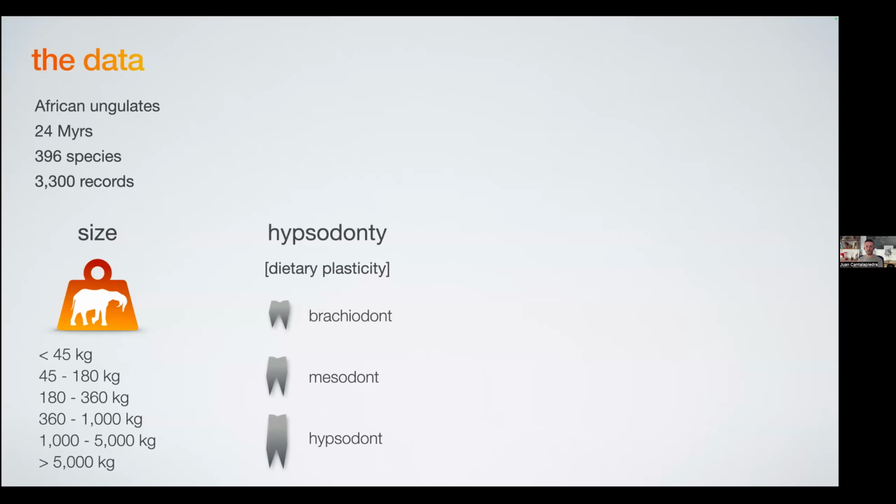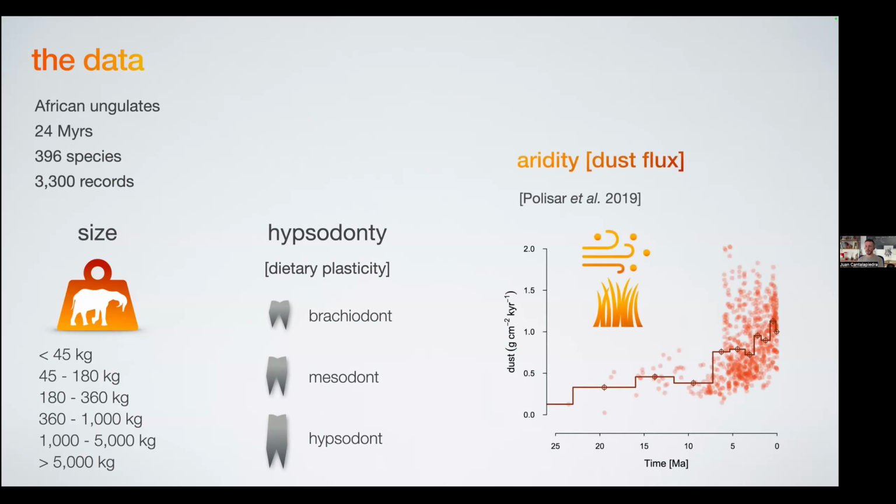We have hypsodonty, which is the relative height of the molars, and this is a proxy for dietary plasticity, because things that get more hypsodont are able to cope with harsher or more abrasive food, so they are able to incorporate more grass into their diet, or even become completely specialized in just eating grass, as many antelopes. And we also have a proxy for aridity over the Neogene and the Quaternary.